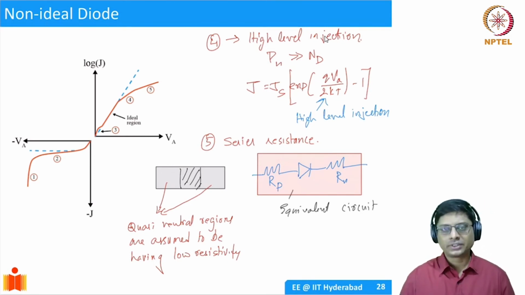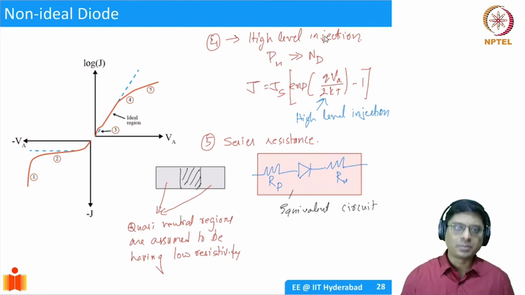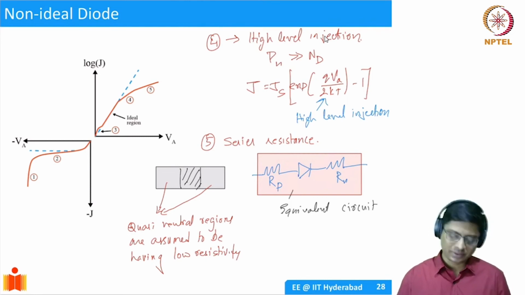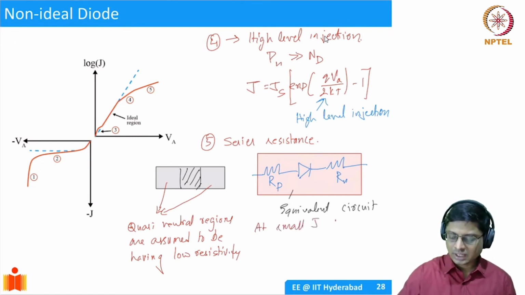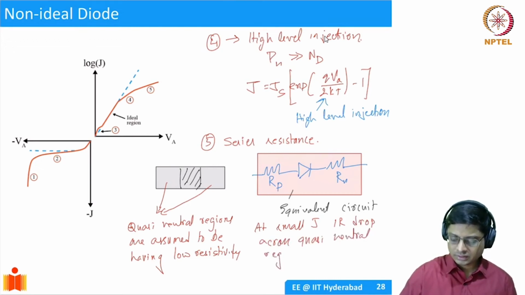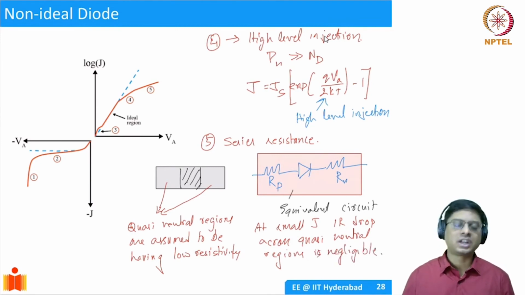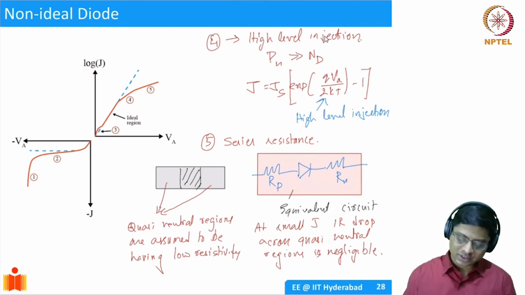At small currents, the IR drop across the quasi-neutral regions is negligible. But once you go to large voltages, the drop becomes significant, and then the current starts to reduce.